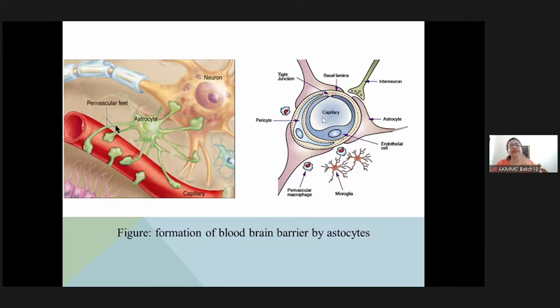They only inhibit the fluid from coming out into the intercellular space. But it will allow what? Only oxygen and nutrition. Okay, so this much is understood: the blood brain barrier will form.